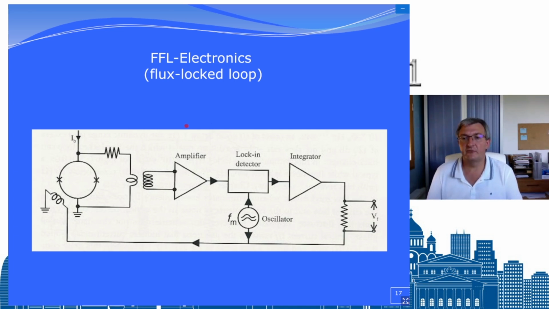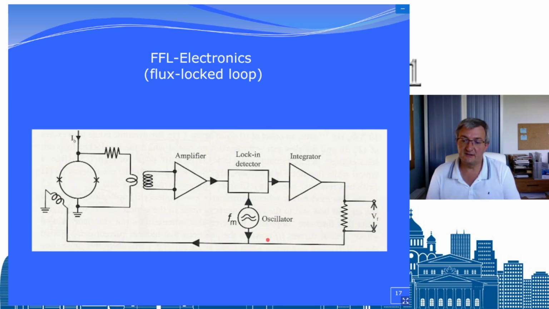Here it's the same, except instead of doing a phase lock, you do a flux loop. So you have the voltage here, it appears through this inductance, it's converted magnetically with an amplifier, you have a locking detector, an integrator, and then if the voltage changes, you react: you apply an opposite flux to keep the flux constant here.